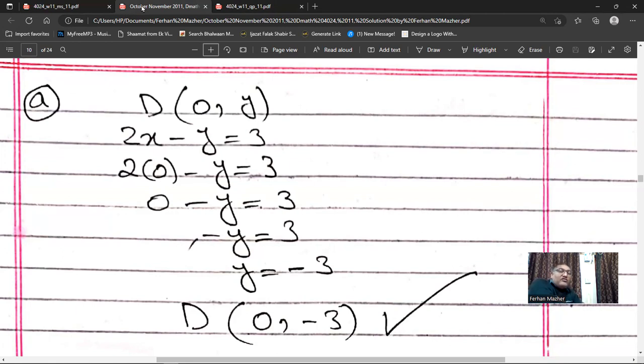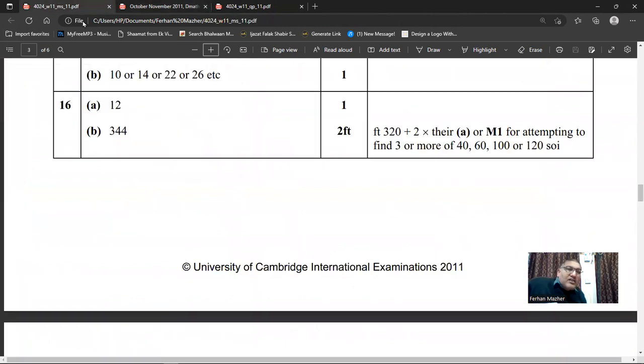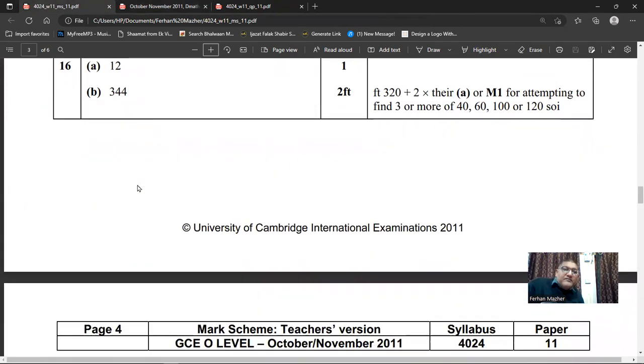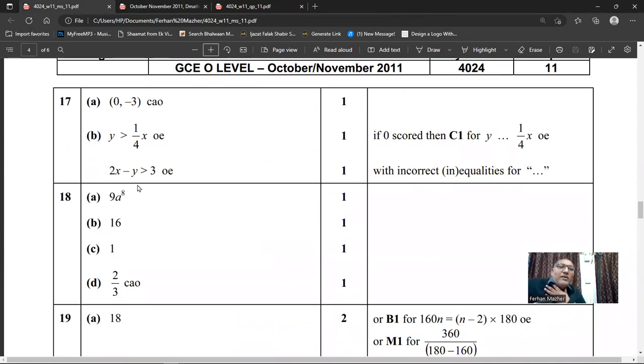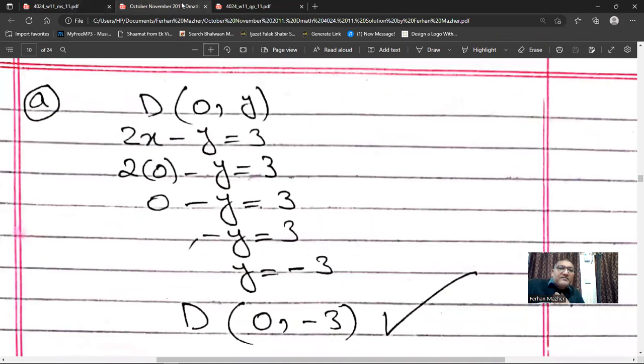So minus y equals 3. So y will be equal to minus 3. So D is 0 comma minus 3. Coordinates of the D. 0 comma minus 3 is the right answer.